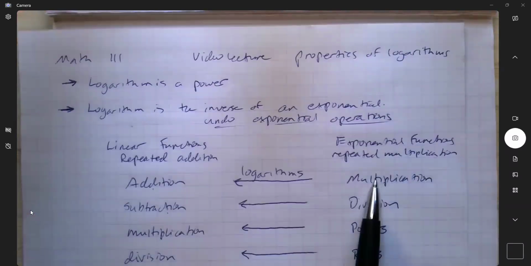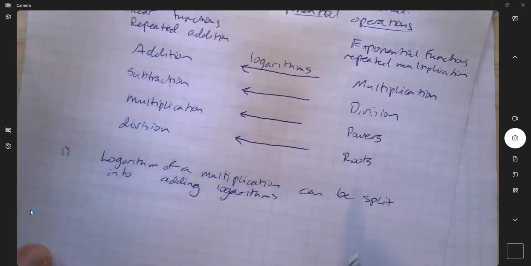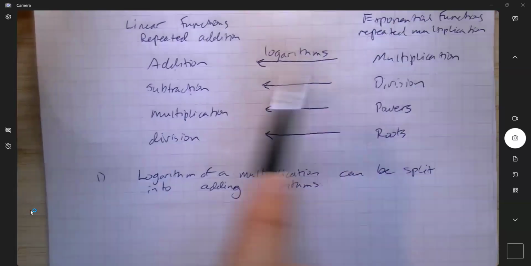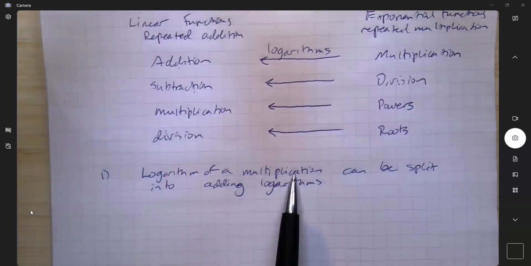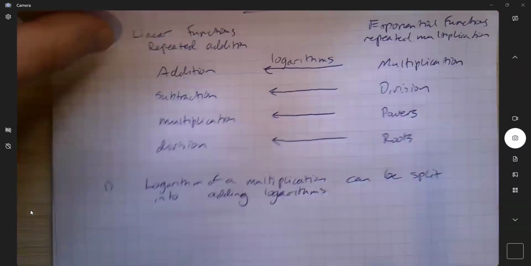Logarithms take multiplication and turn it into addition. So a logarithm of a multiplication can be split into addition.